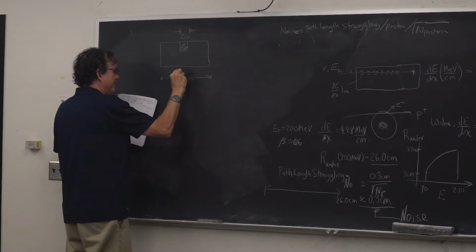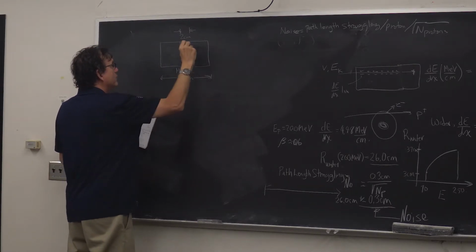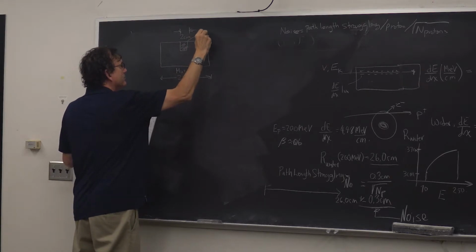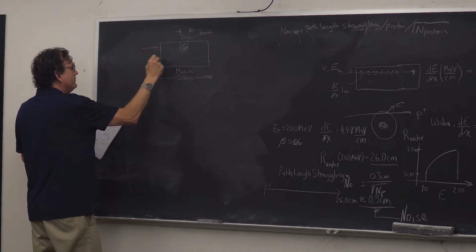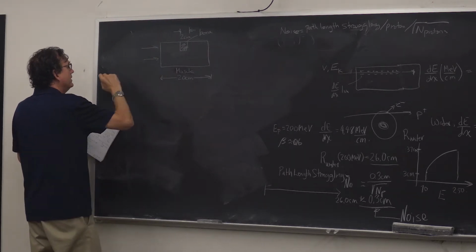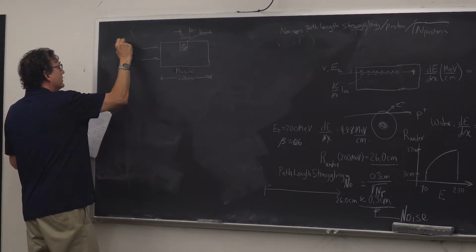Since the tables that I've handed out for you are muscle and bone, so this part is bone. Okay. And I take 200 MeV protons that are coming through here, and let's see, 200 MeV.